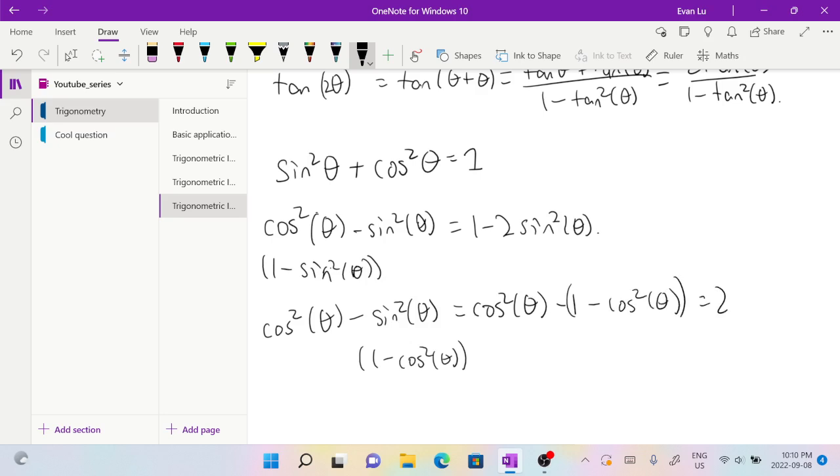So this would be 2 cos squared theta minus 1. Great. And let's see how this will apparently be useful towards figuring out the sine and cos of the half angle formulas.